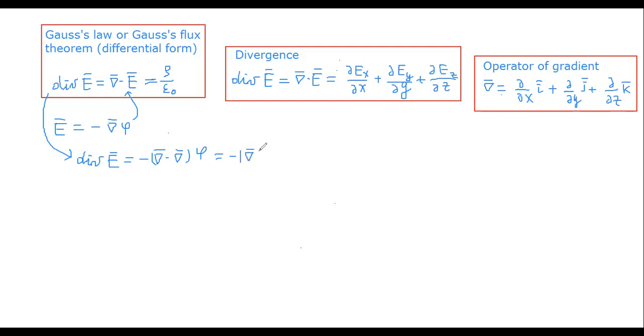It is the same as minus the modulus of the gradient operator squared, and it is the same as minus d2 by dx squared, it is necessary to open a bracket here, plus d second order by dy second order, plus d second order by dz second order, multiplied by phi.